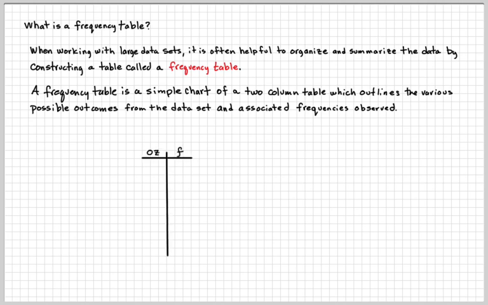So here it is. Let's say you have something to do with ounces, right? You're weighing something, and then how frequent do you have these ounces? Well, in this case, something weighs 4 ounces, and you have three items that weigh that much. There is an item that weighs 5 ounces, but there's only one of those items.